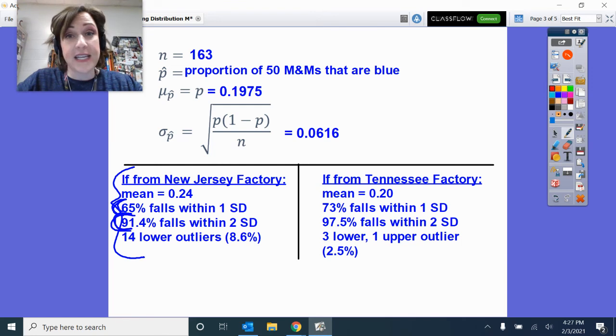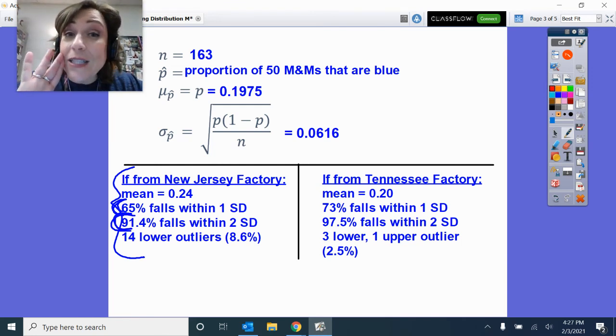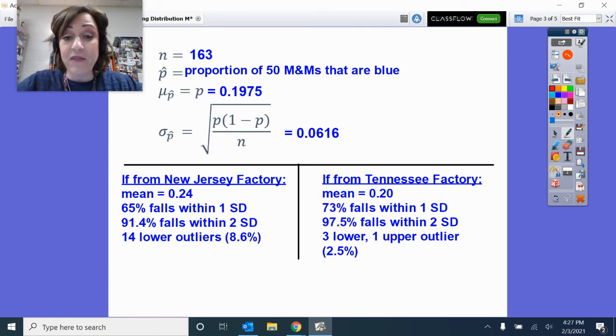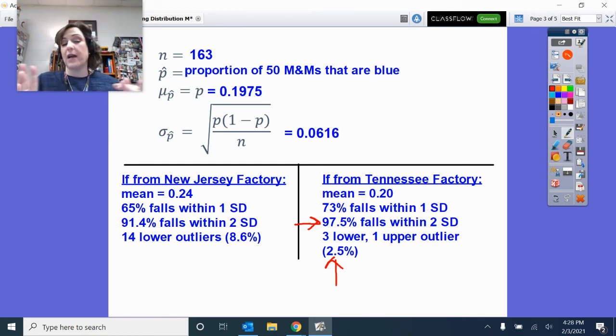Now, if we say our data came from the Cleveland, Tennessee factory, which it did, then we would have actually had a little bit better than the normal model. 73% fell within one standard deviation, and 97.5% fell within two standard deviations. We had 2.5% outliers, three lower and one upper.